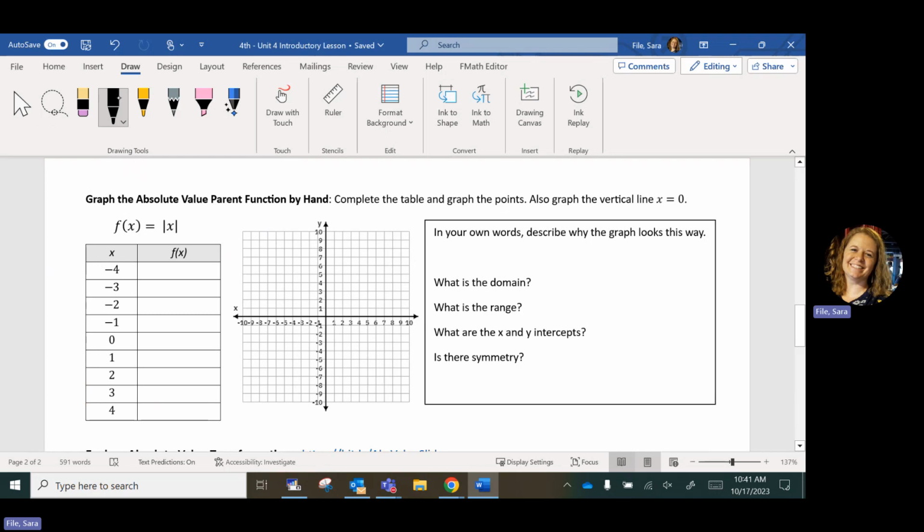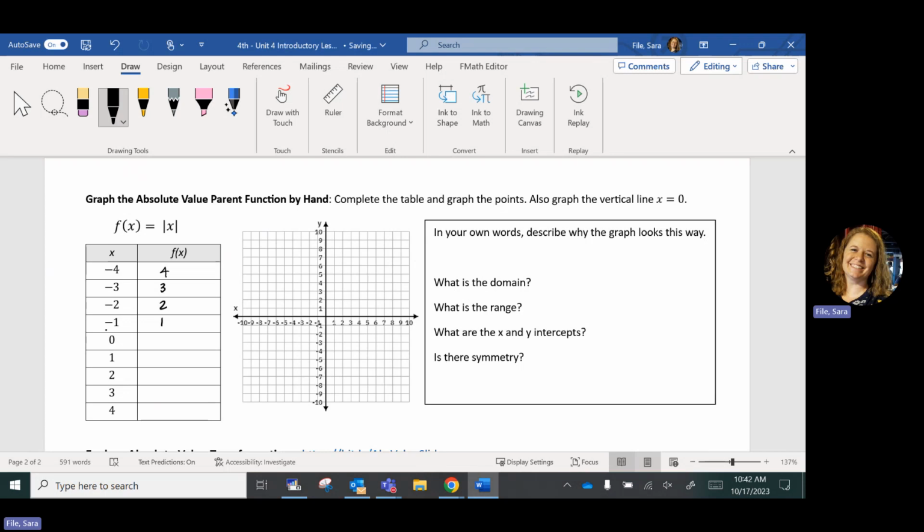Okay, if I am inputting these x values here, I'm taking the absolute value of them. What's the absolute value of negative 4? Positive 4. The absolute value is always positive, right? So it doesn't matter which number I input, I'm going to get the positive output. So this would be 3, 2, 1. What was the absolute value of 0, did we say?